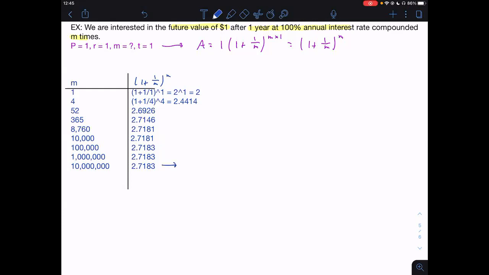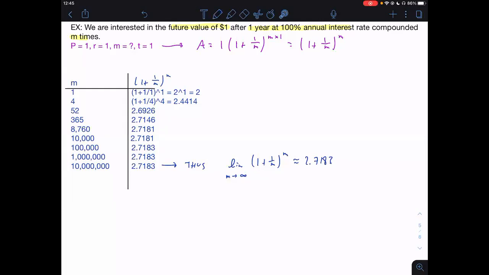So thus the limit as m goes to infinity, the number of periods per year, of this expression 1 plus 1 over m to the m power reaches a threshold of roughly 2.7183, for a future investment of $1 at an interest rate of 100%.